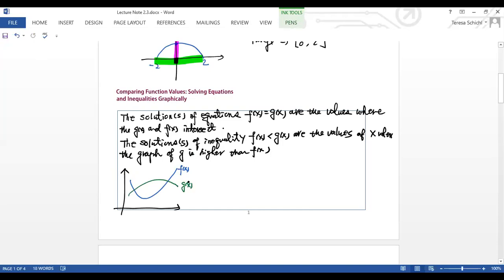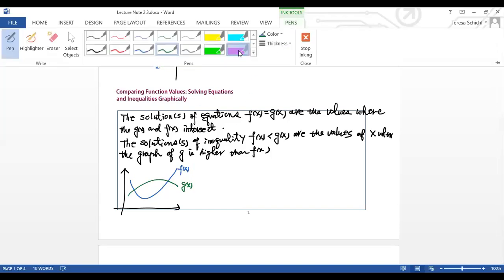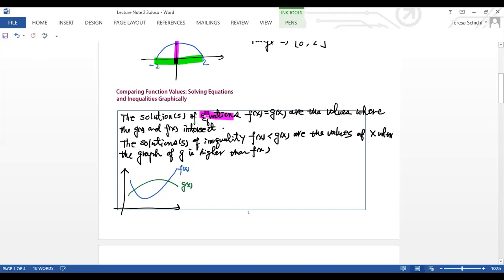If I want to find the solution of the equation, that means where they intersect. I know they intersect here and here, right? So this one is A, and this one is B.